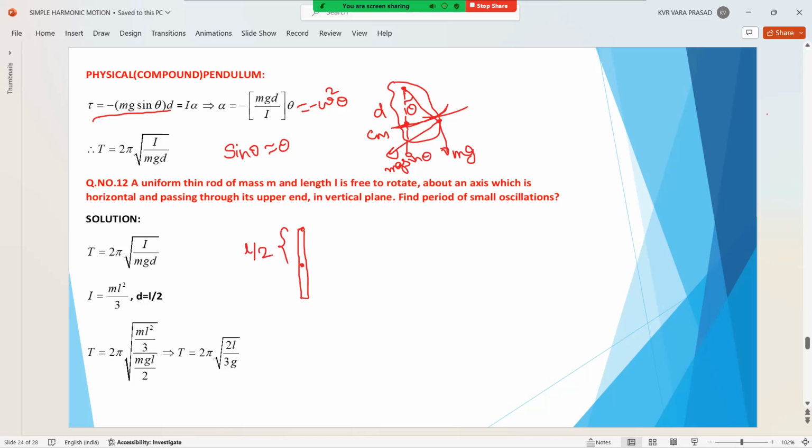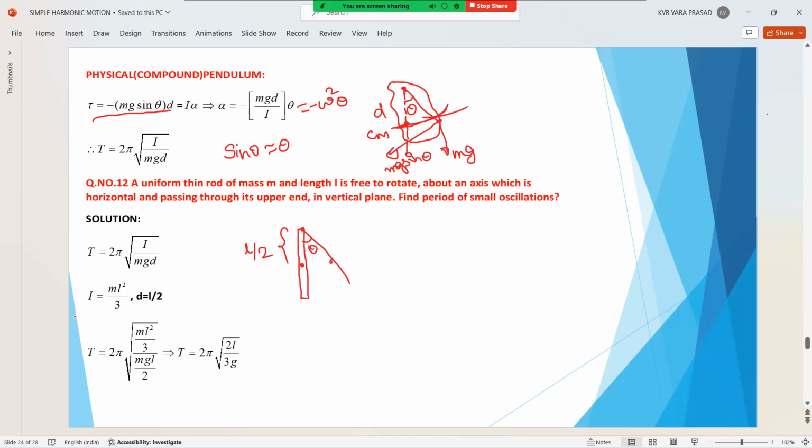If we rotate this rod through a small angle theta, then it makes oscillations. Now in this case, see what the I value is. Since it is a thin rod oscillating about one end, it is rotating about one end of the rod.